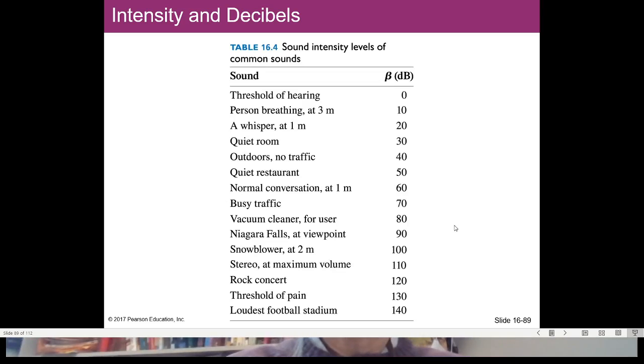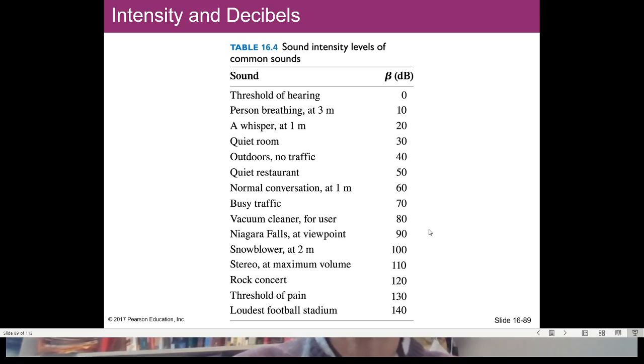And there's a table here, which is in your book, page 445, which gives you an idea of what these decibel levels are in terms of things that you're physically familiar with. Here, the threshold of hearing, a person sleeping 3 meters away from you, whatever.